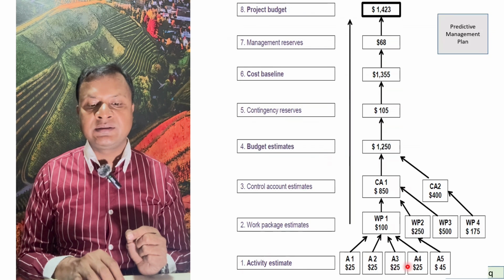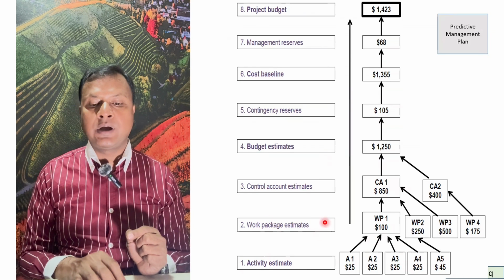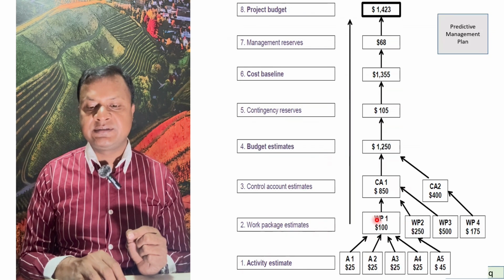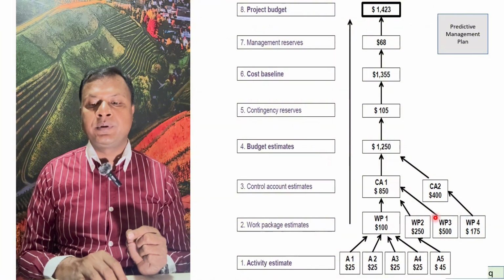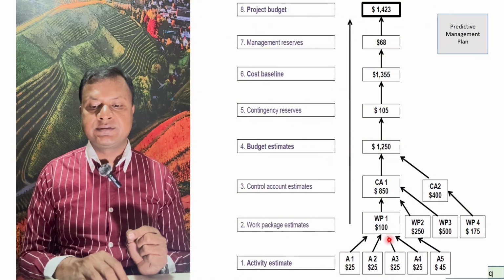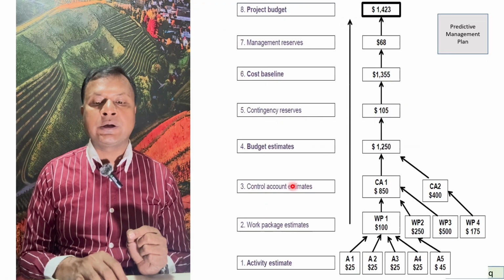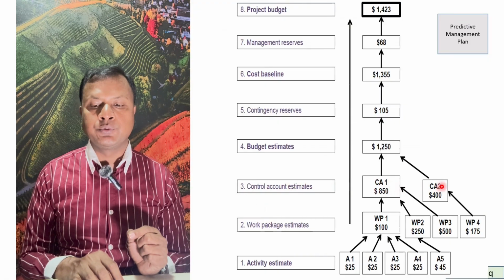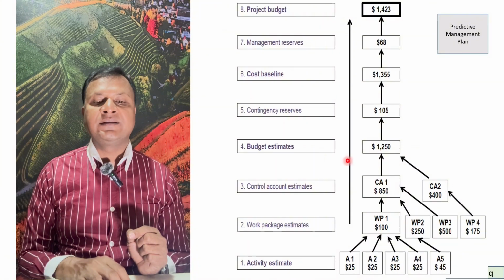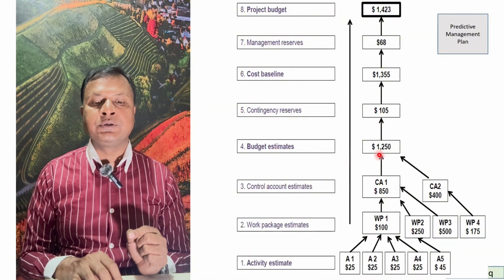By combining them, we will find the work package estimates: work package 1, work package 2, work package 3. Then if we combine them, we will find the control account estimates: control account 1, control account 2. And then finally we have the budget estimate in total.